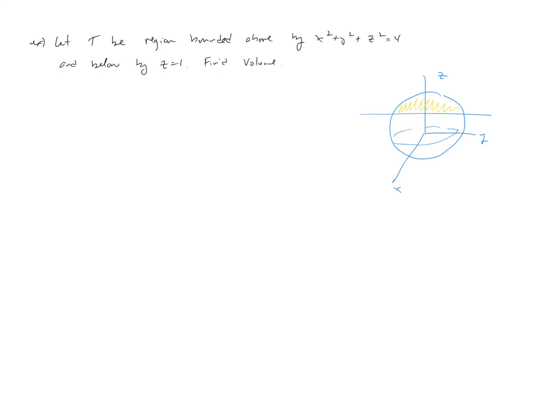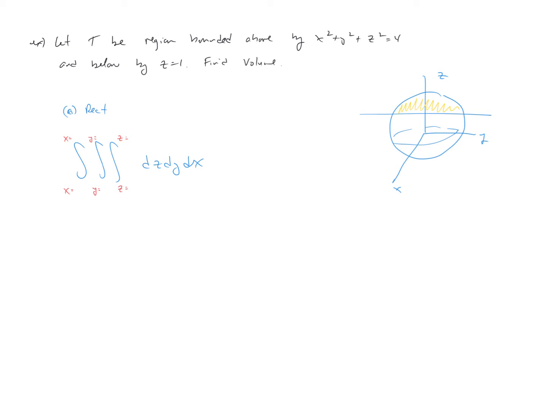So to get things started, we'll take a look at rectangular, and we know we'll have our triple integral. And since it's volume, there's not going to be a function there. It's just going to be the dv, which for us, in rectangular, I'm going to go dz, dy, dx. So we'll have z's, we'll have y's, and we'll have x's.